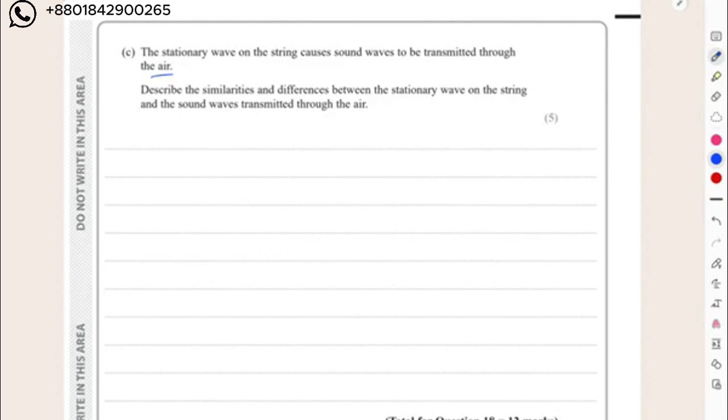So we'll just write the answers. A stationary wave is transverse, whereas sound waves are longitudinal.